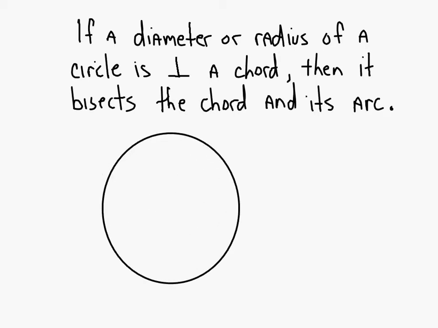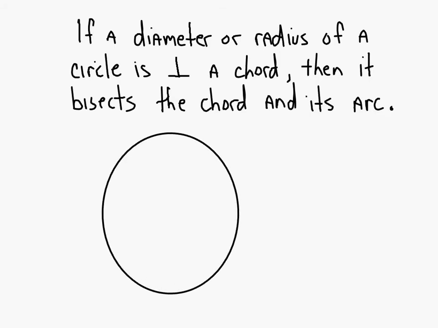So if you got a circle, a diameter is a chord that goes through the center. If that diameter or radius is perpendicular to a chord, so if it intersects the chord at 90 degrees, then it bisects the chord.